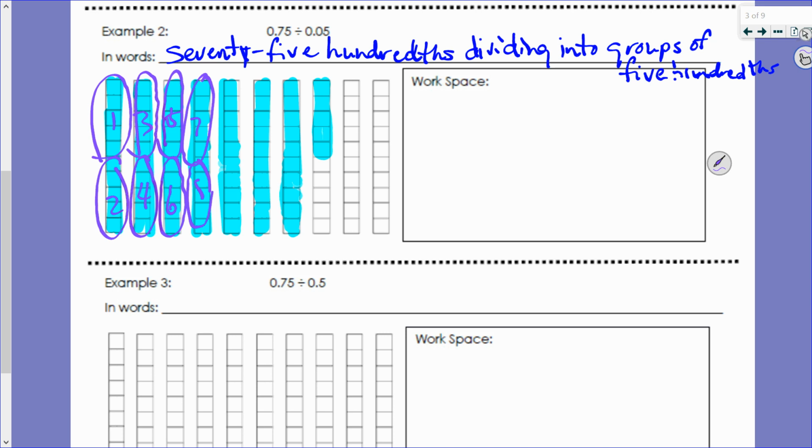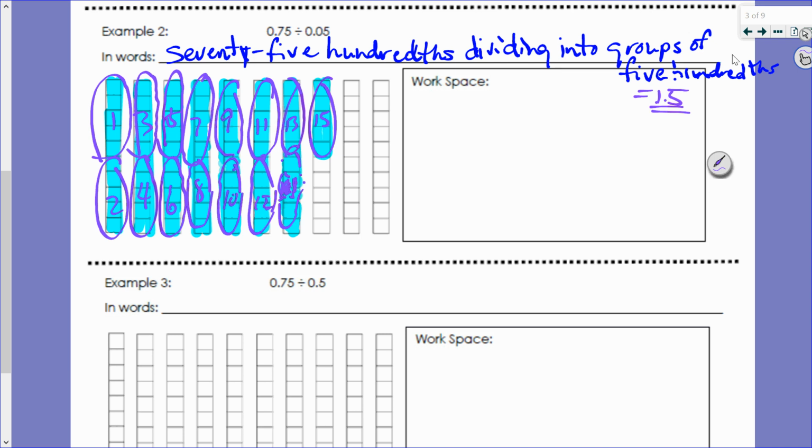Seventh. Eighth. Ninth. 10th. 11th. 12th. 13th. 14th. And 15th. So how many groups did we end up with? 15. So that's going to equal 15.